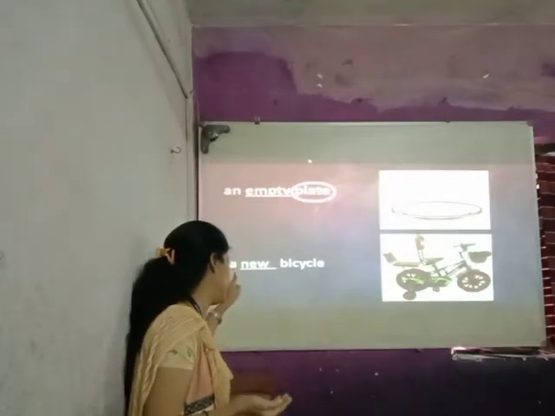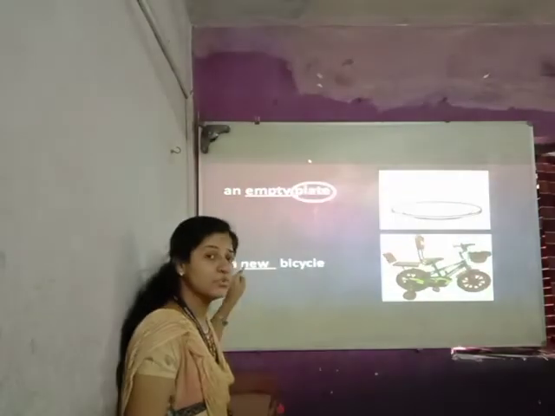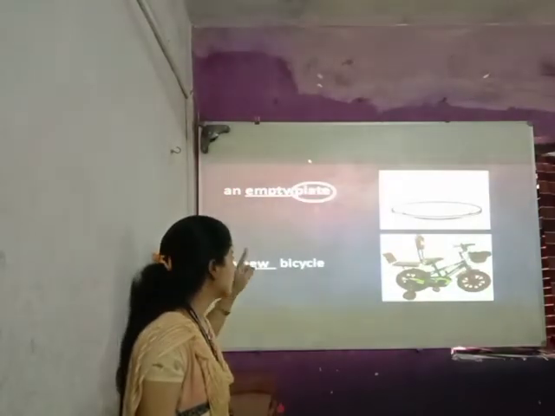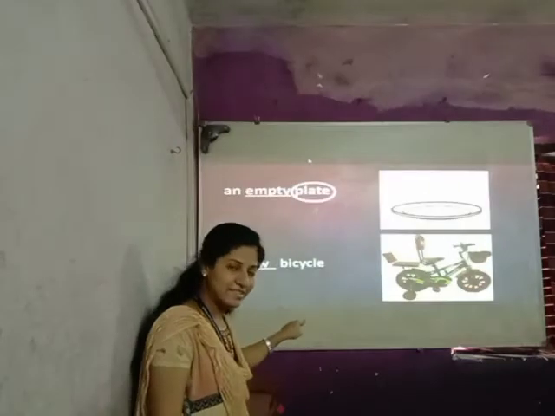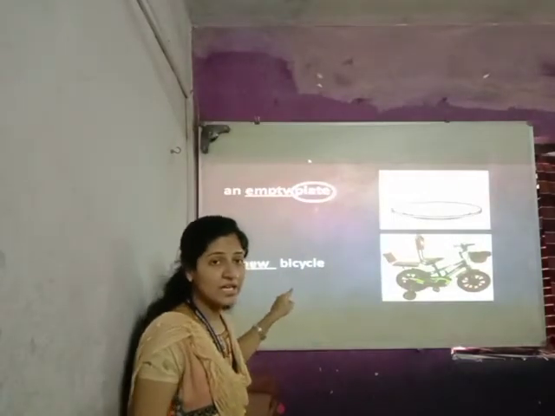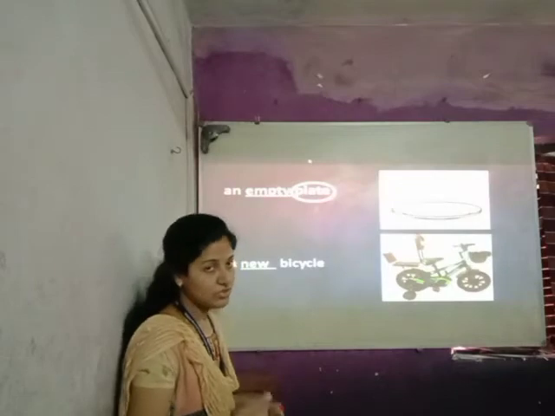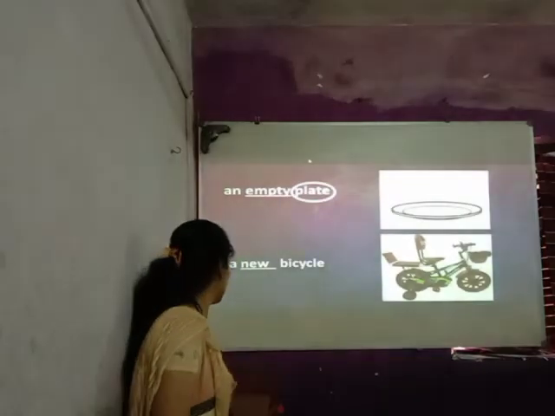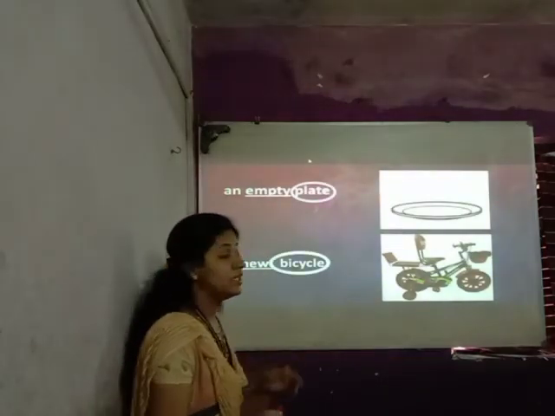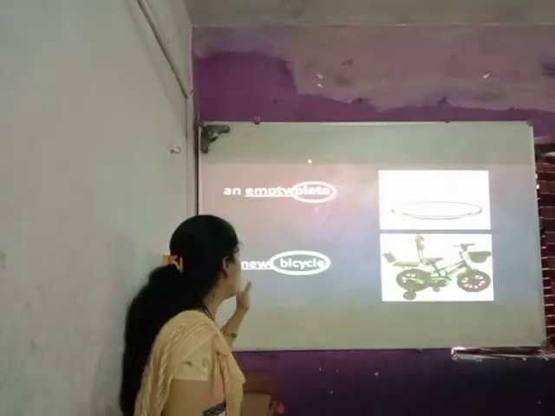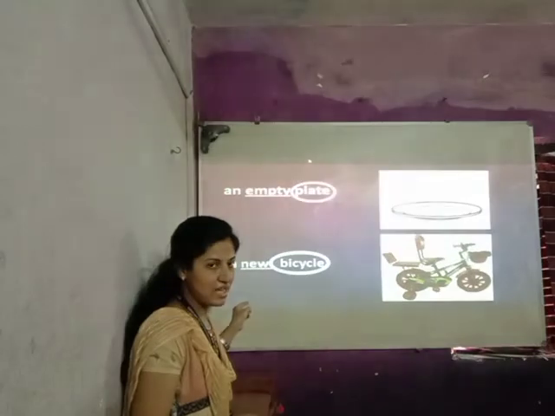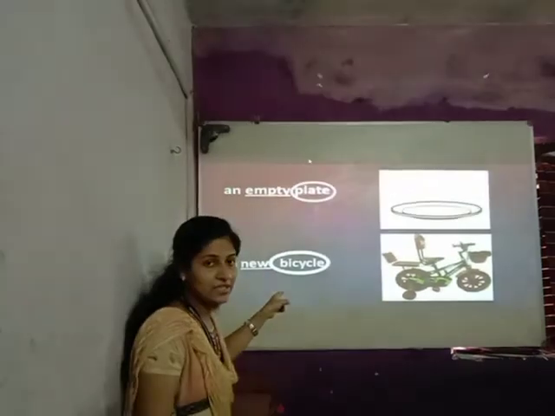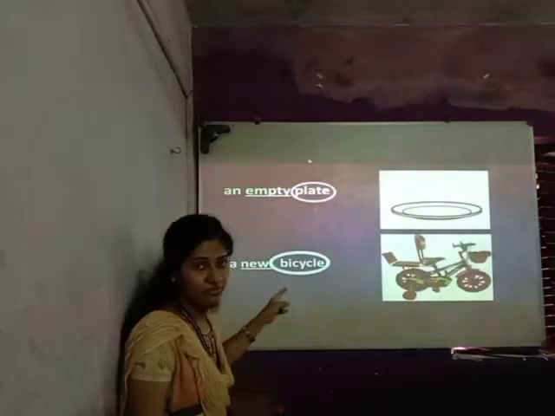So, we had underlined the word new. And it describes about whom? It describes about bicycle. So, bicycle is a naming word. So, what should we do? Here, we should circle the word bicycle. So, a new bicycle. New is a describing word and bicycle is a naming word.